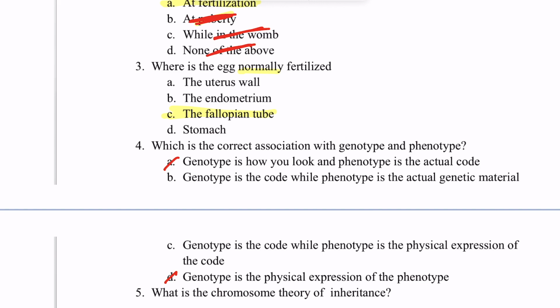So the correct answer is in fact C. Genotype is the code, while phenotype is the physical expression. B is wrong because phenotype is not the actual genetic material. That is wrong. C is the correct answer.